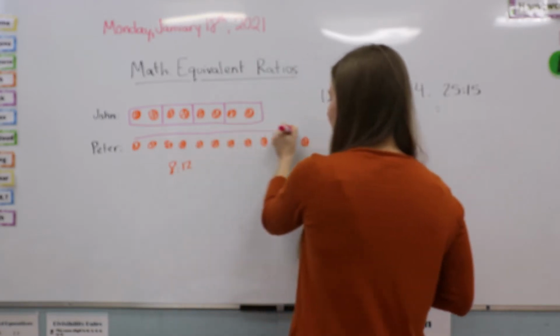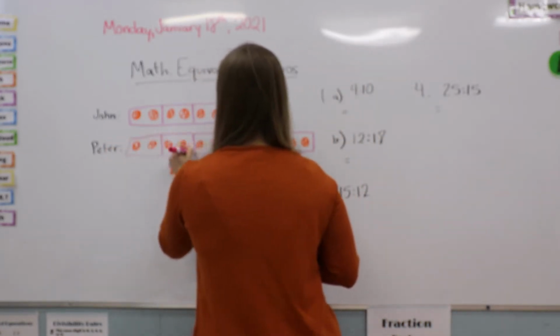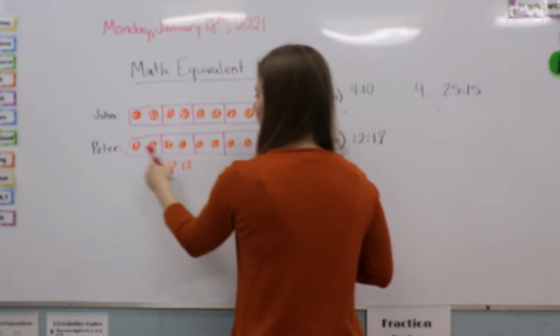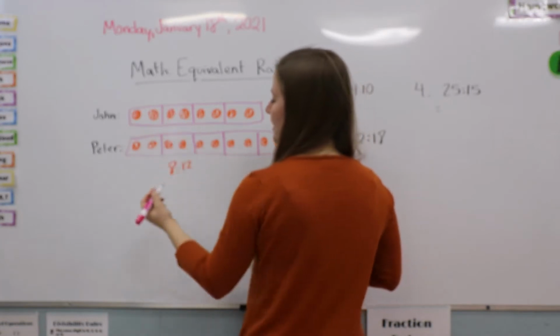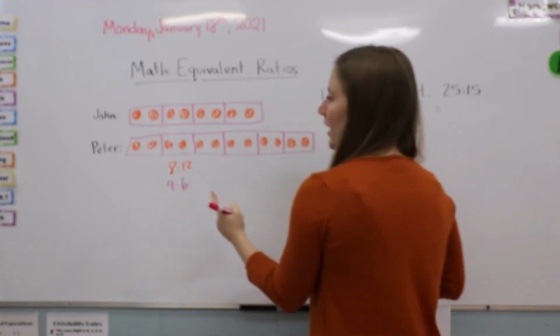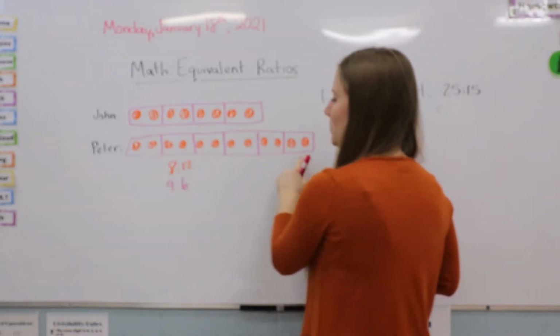And Peter has 6 groups of 2 pennies. 1, 2, 3, 4, 5, 6. So this ratio has now become 4 to 6, because there are 4 groups of 2 pennies to 6 groups of 2 pennies.